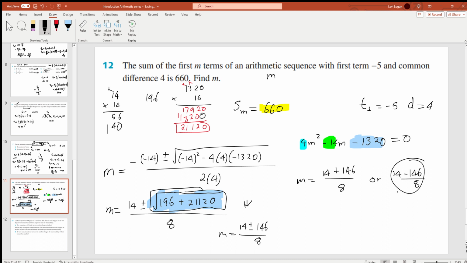It won't be this term because that'll be negative, so it's going to be this term. So 14 plus 146 divided by 8 gives you M equals 20. That's the 20th term. So in other words, S of 20 is 660. Ta-da! Alright, let's move on to the final question of the video.